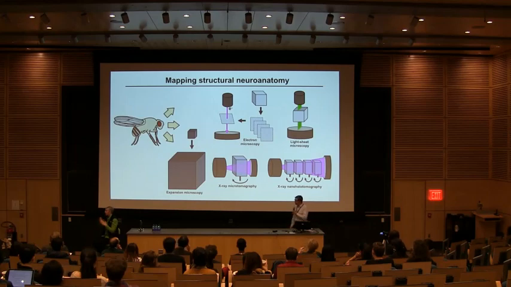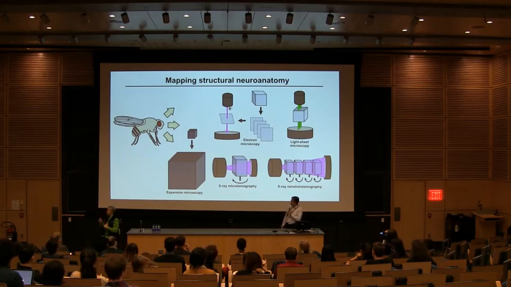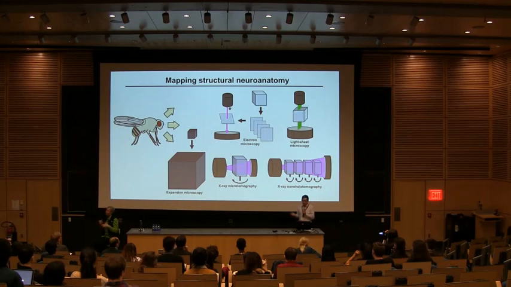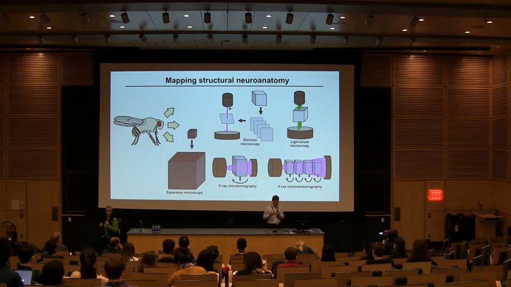So first, I'd like to talk just a little bit about mapping the structural neuroanatomy. There are a lot of different ways to map structural neuroanatomy, and I won't go into all of these in detail, but suffice to say that there's electron microscopy, which is the highest resolution.